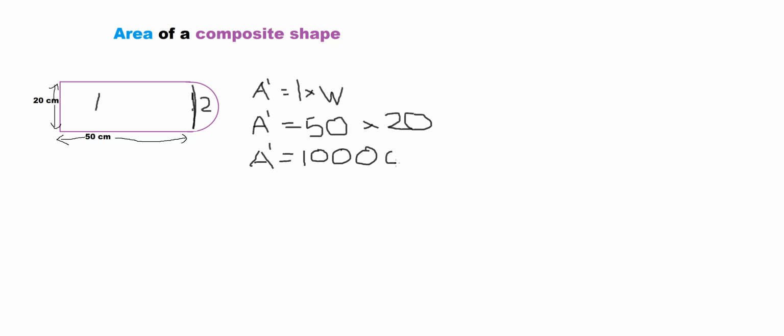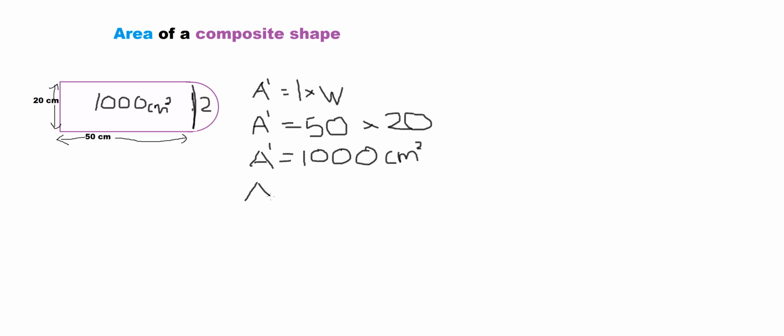We need to add in our units, centimeters squared. So that's saying to us there is 1,000 centimeters squared in here, 1,000 of them. So now we know that part. So this part here is 1,000 centimeters squared.